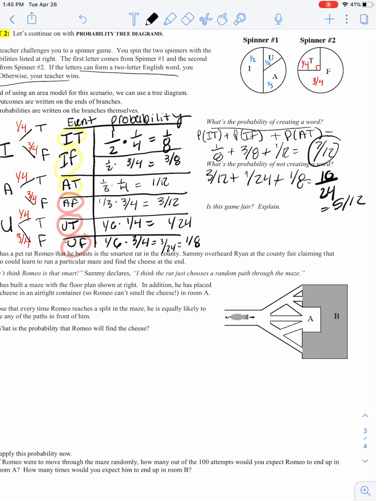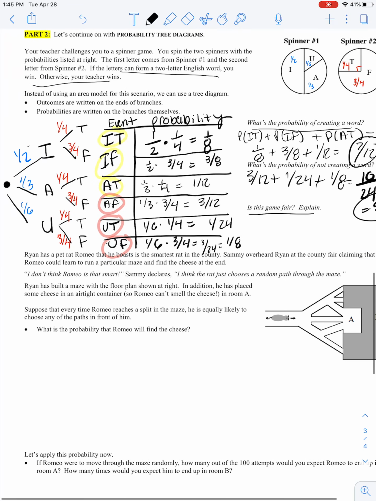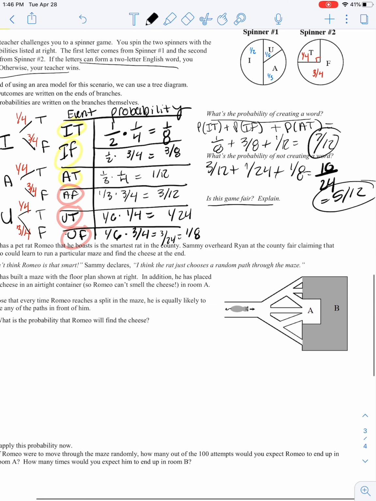Is this game fair? Explain. So let's look. I have a 5 out of 12 chance of not creating a word, and I have a 7 out of 12 chance of creating a word. And it says, if the letters form a word, then you win, otherwise the teacher wins.